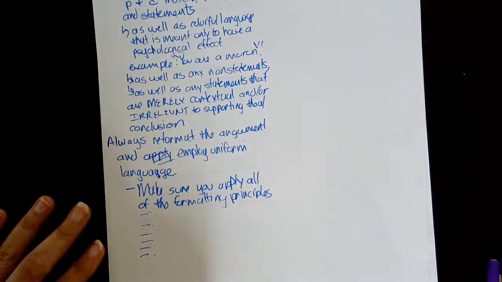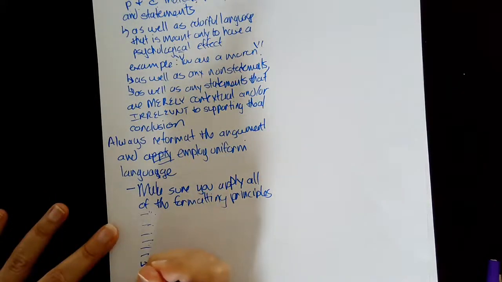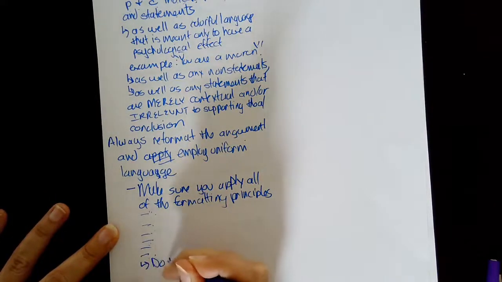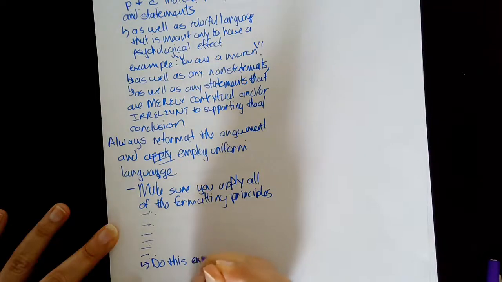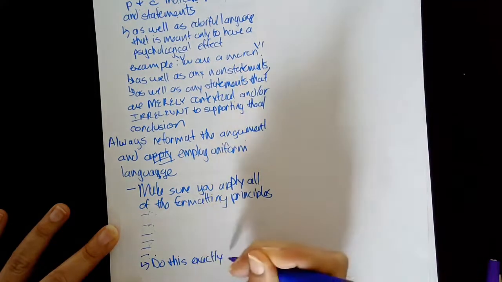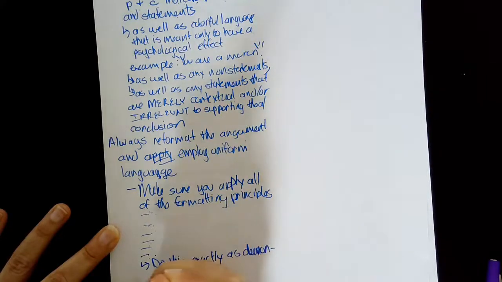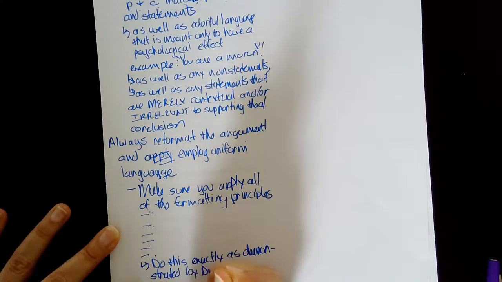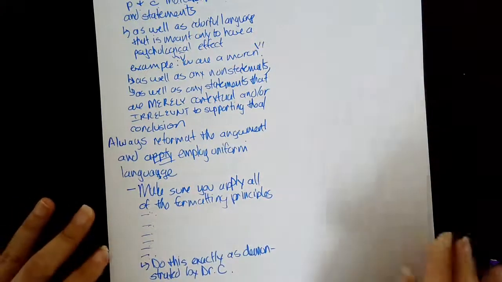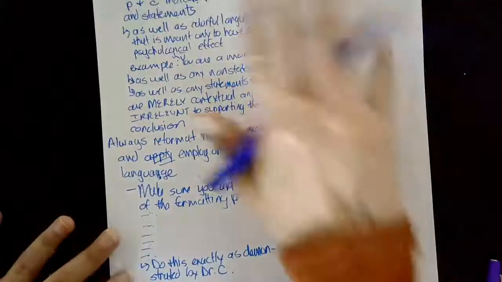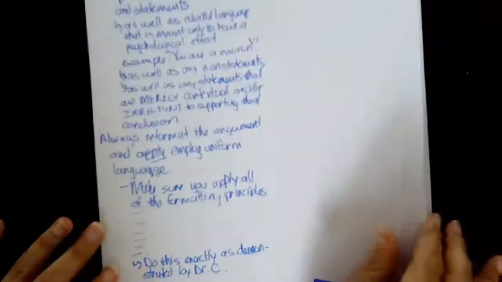Do I want to say anything else yet? Oh yeah. Do this exactly as demonstrated by Dr. C, by the professor. Okay, and so this pretty much concludes 90% of your master document.